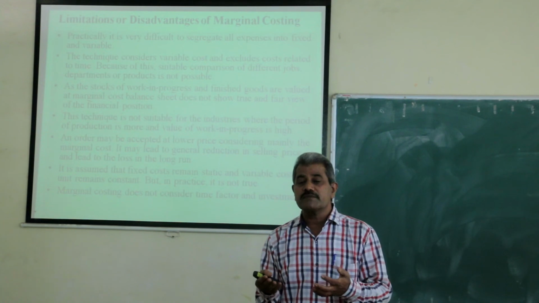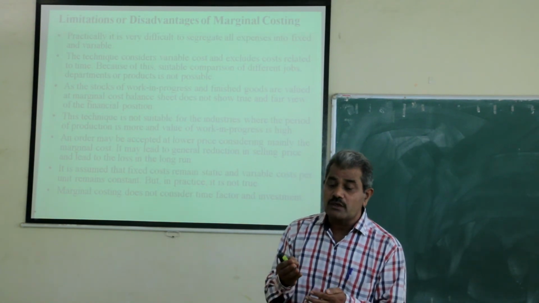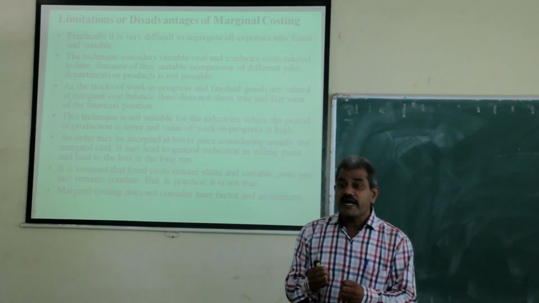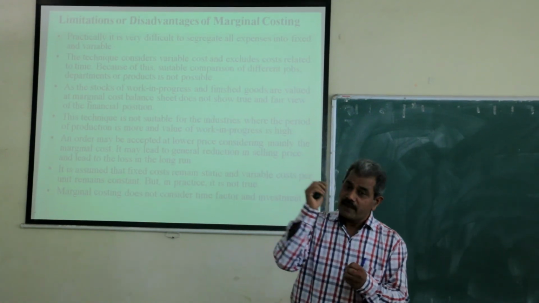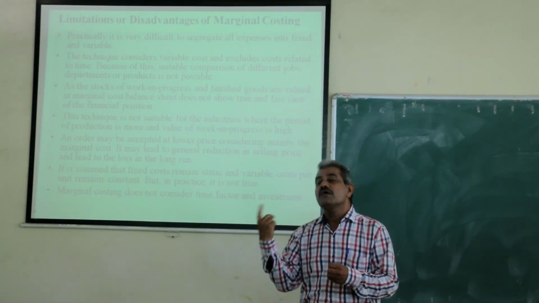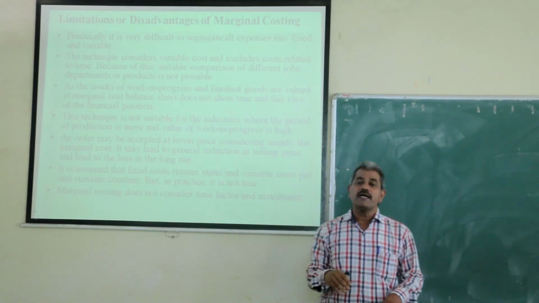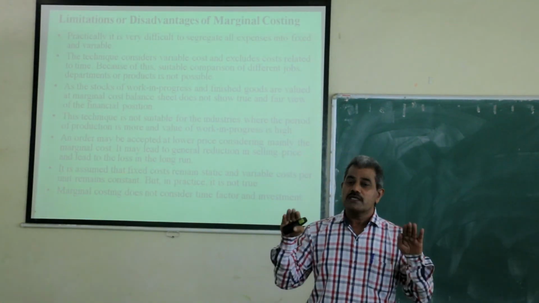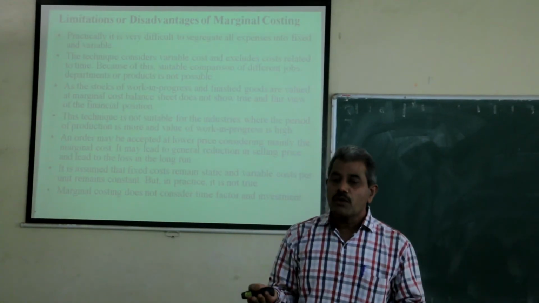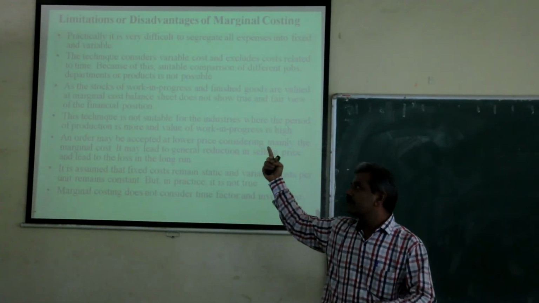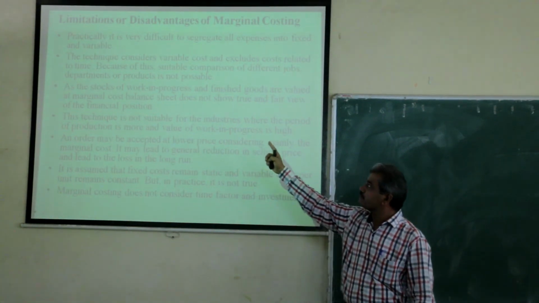There are some expenses which cannot be defined as to whether they are fully fixed or fully variable. So in practice it is very difficult to categorize the total cost or total overheads into two parts, fixed and variable.